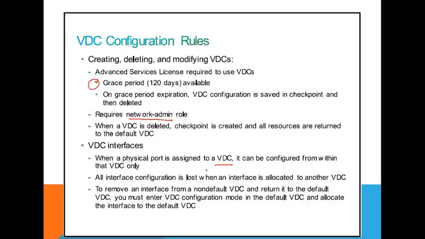Assigning IP address, all those layer 2, layer 3 jobs can be done only by getting inside the VDC. Now if I want to remove a VDC, I can remove it by coming back to the default VDC and saying no VDC red. It removes the red VDC, and all the resources under red will be given back to the default VDC.